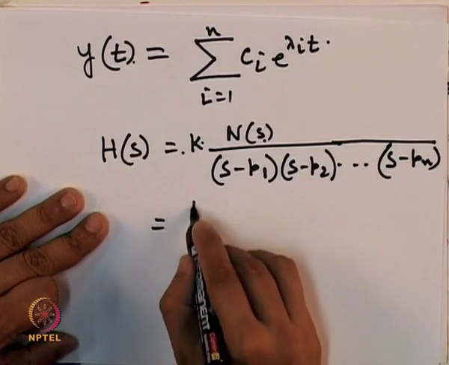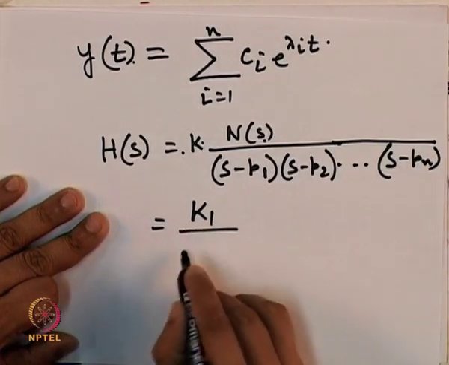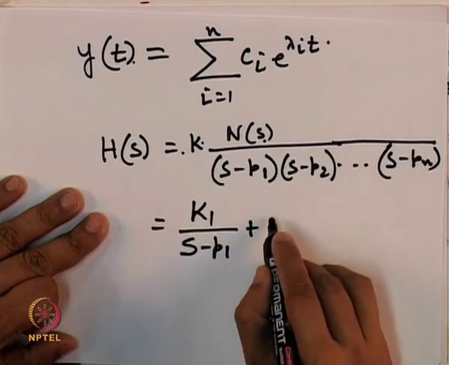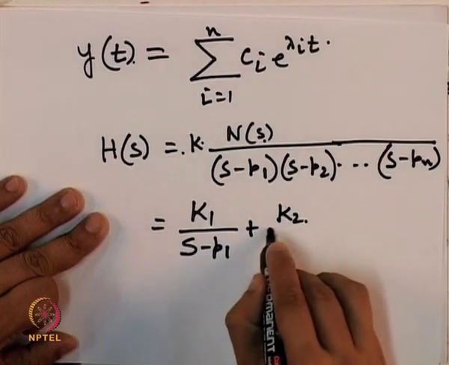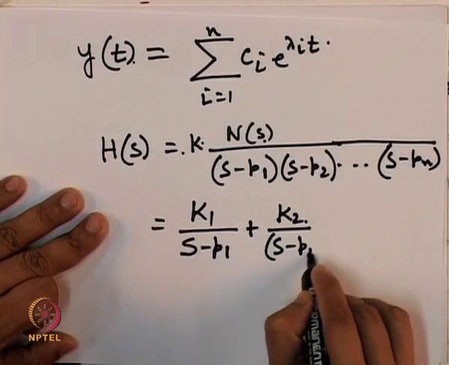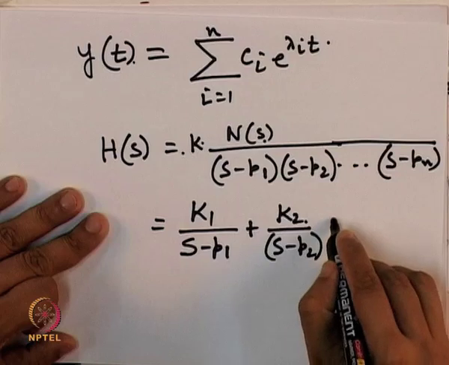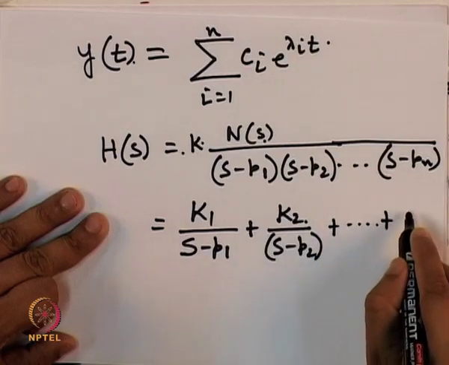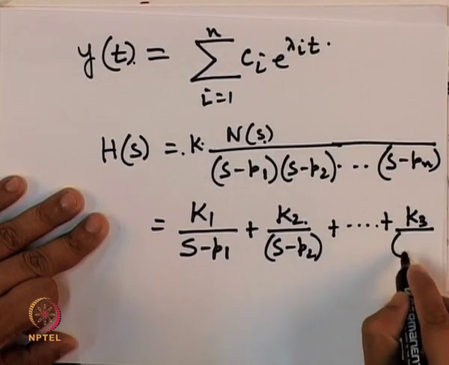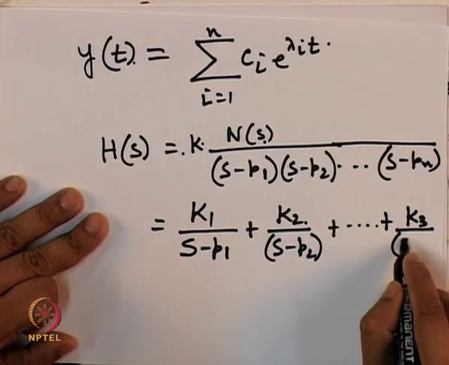Now, it is possible to obtain the partial fractions of this H(s) and write this whole transfer function in this form.